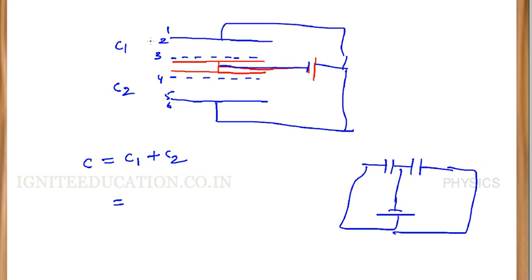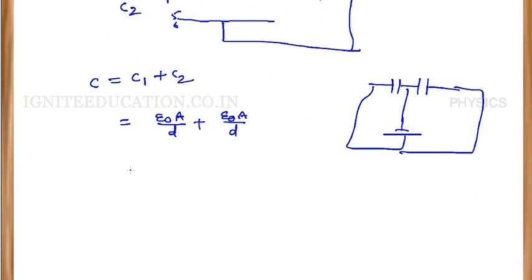Here the distance between two plates is D and the area of the capacitor plate is A, then each capacitance is equal to epsilon naught A by D, plus another capacitor having the same dimensions, epsilon naught A by D, which gives 2 epsilon naught A by D as the total capacitance of the system.